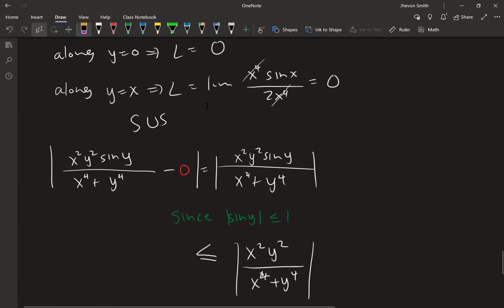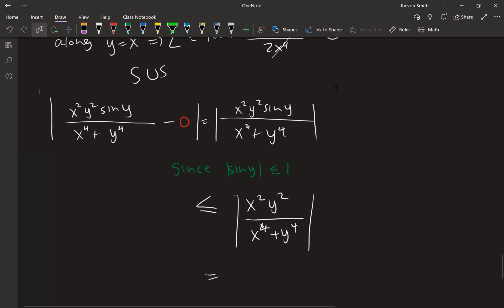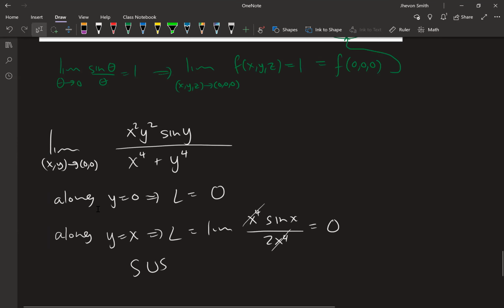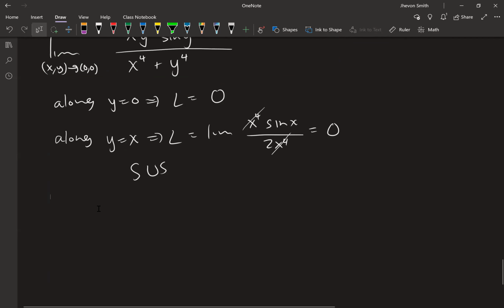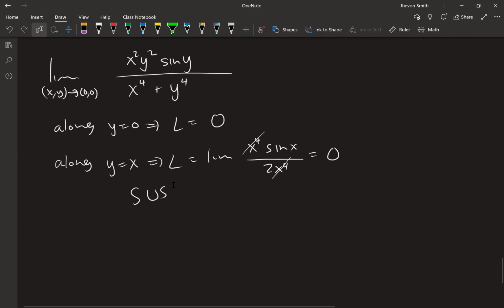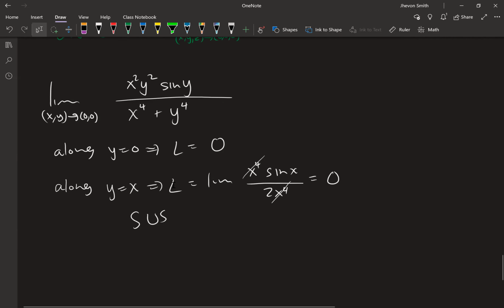Let's see. Let's go with the other strategy, because this isn't going to help us. So what was another strategy that we learned? What were the other ones that we looked at? Because we looked at a bunch of strategies, right? x equals y squared.